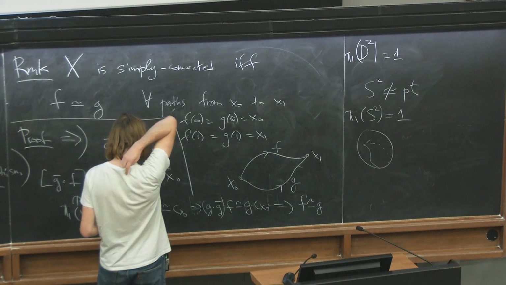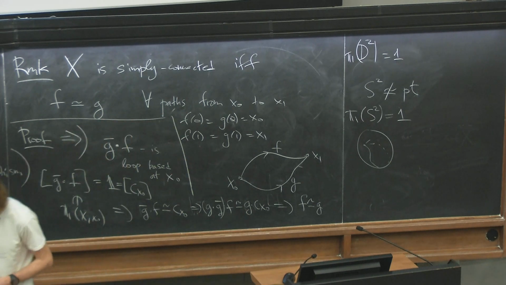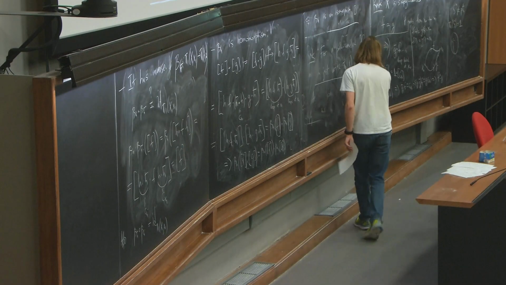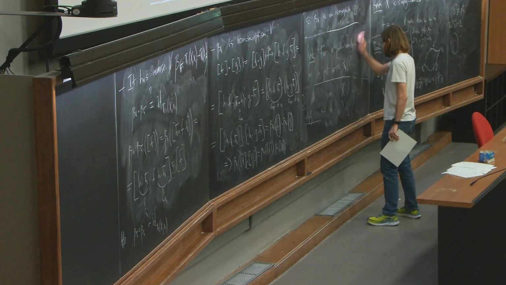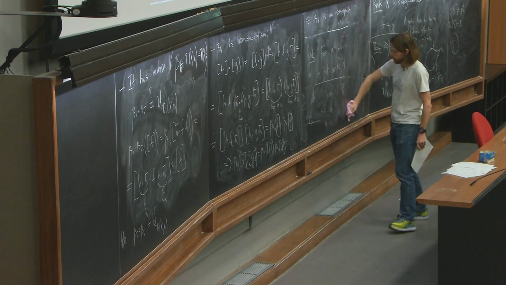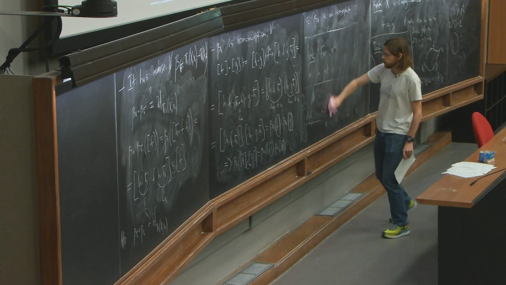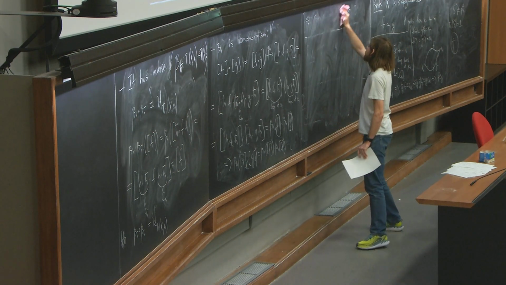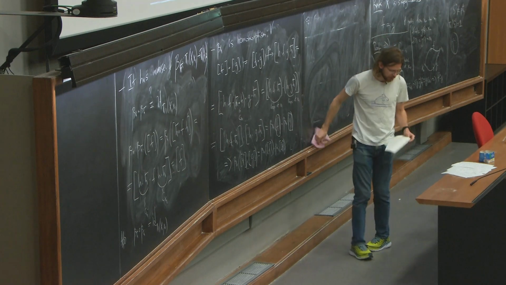Okay, and let's show this the other way around. Suppose for any pair F and G of paths between x0 and x1, they are path homotopic. From this, it follows that the fundamental group is trivial.